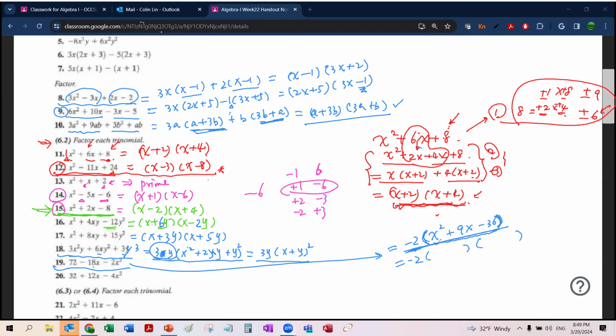Wait, can you do this part here? The 19. Yes, right here.